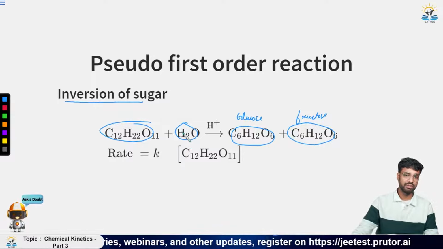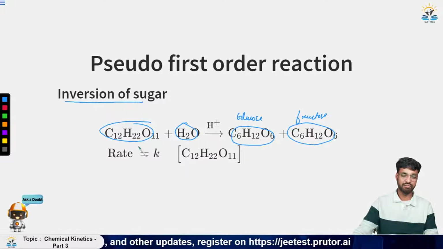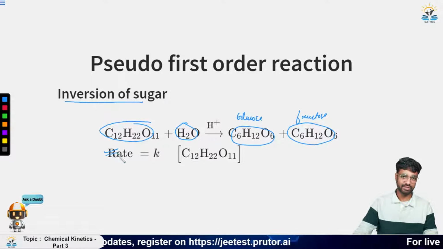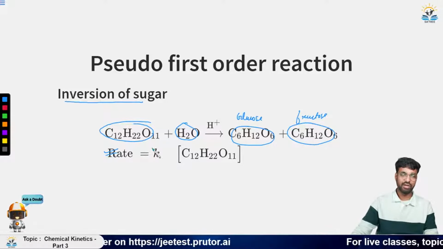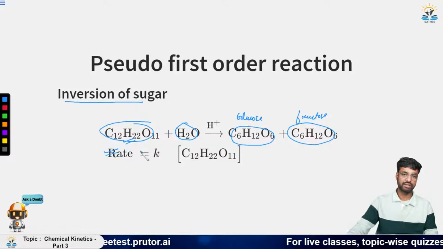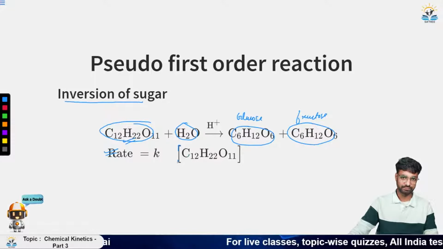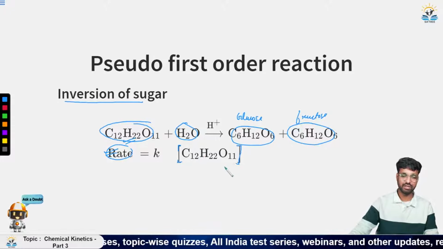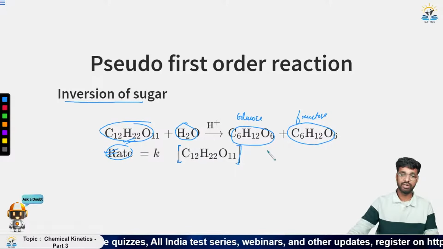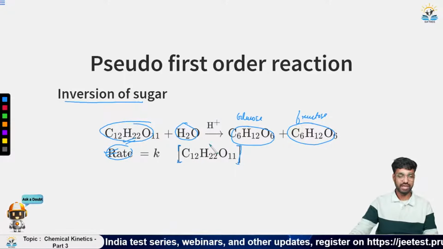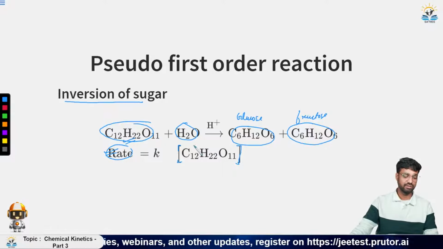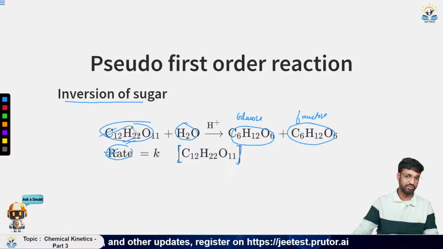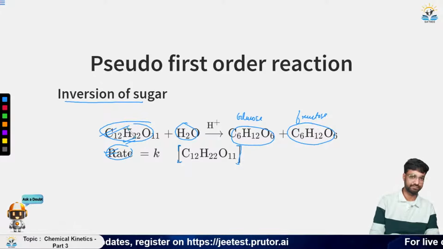Here also the change in concentration of water is very small. So we can write the rate law only in terms of the sugar concentration. This rate is equal to K into concentration of sugar. We have not included water because of the insignificant concentration change. So this is also an example of a pseudo first order reaction.